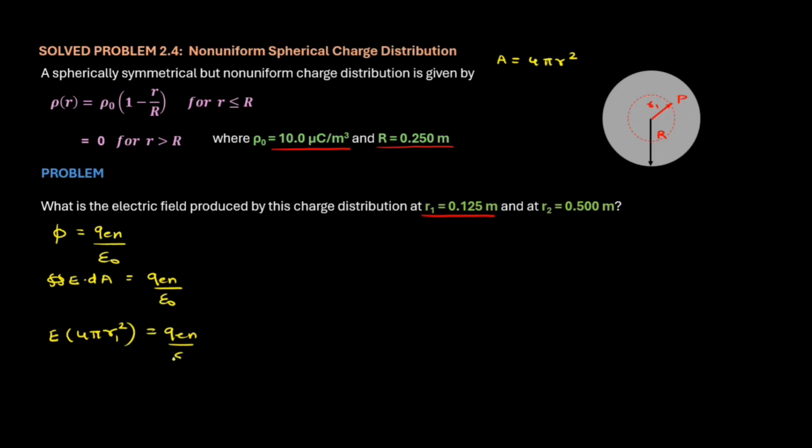and this will be equal to charge enclosed over epsilon naught. We still need to find the charge enclosed within the Gaussian surface, and we will limit ourselves to the charge contained in this region.